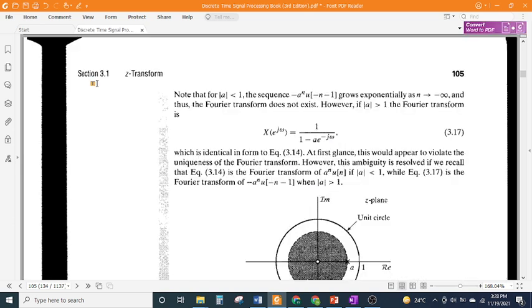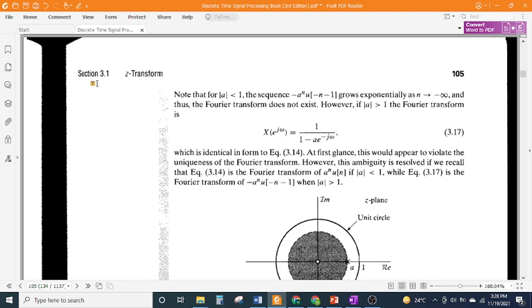Section 3.1 Z-transform. Note that for |a| < 1, the sequence a^n u[n] grows exponentially as n → ∞, and thus the Fourier transform does not exist. However, if |a| > 1, the Fourier transform is Eq. 3.17, which is identical in form to Eq. 3.14.